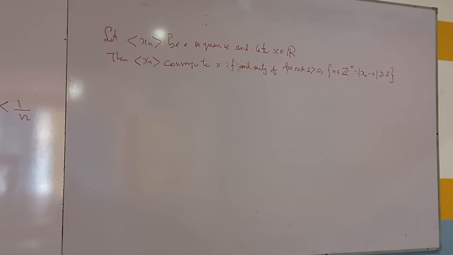You know something: if xn converges to x, for each epsilon greater than 0, there is some integer capital N such that for each n greater than capital N, mod of xn minus x is less than epsilon. So I am asking, what about the set of all n with mod xn minus x greater than or equal to epsilon? What can be said about that set?